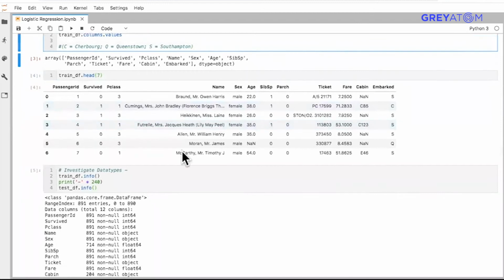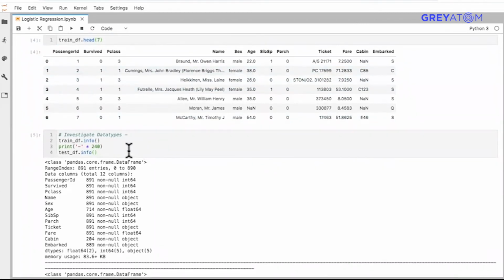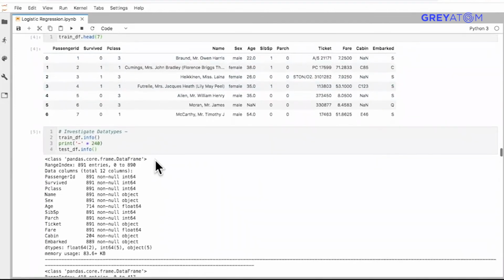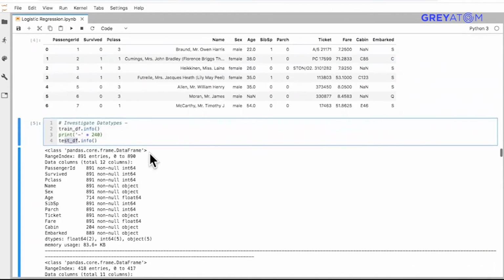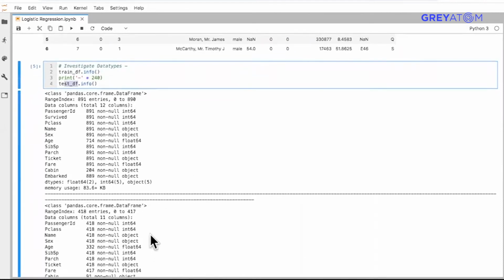So we've understood the data. First thing is to investigate the data types of our columns, to see if we want to change them. And just make sure, guys, your training and testing data types should match. There should not be any mismatch in the data types. This is a good practice to ensure that your training and testing data match.